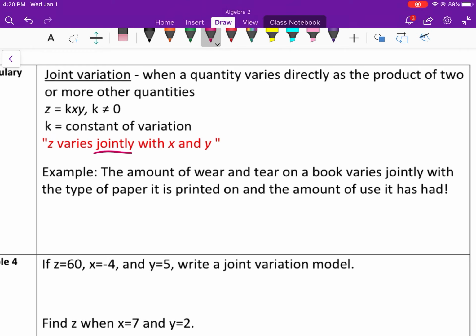The amount of wear and tear on a book varies jointly with the type of paper it is printed on and the amount of use it has. So x and y being the type of paper and the amount of use, that together with your constant of variation will tell you how worn out the book is. So they are going together.